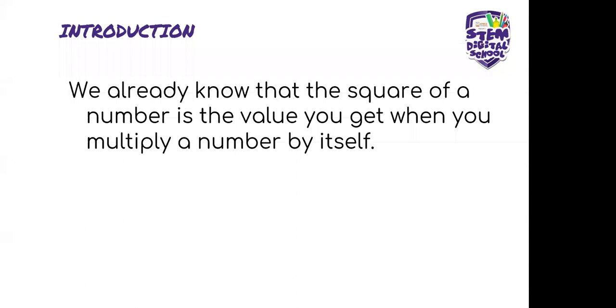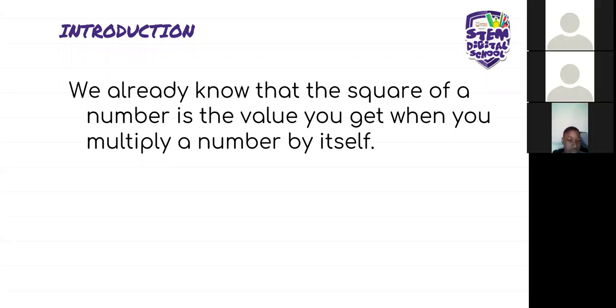I'm sure you will remember some of the values when we were working with sequences and series. We were able to tell that a number multiplied by itself gives you a square number.